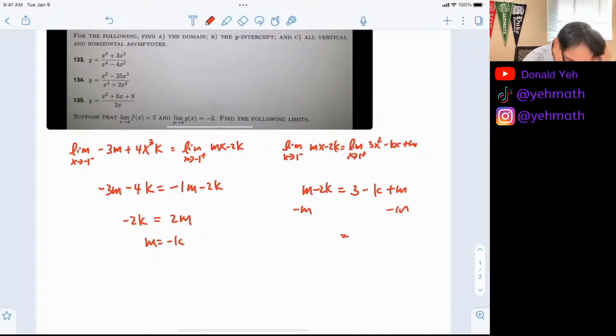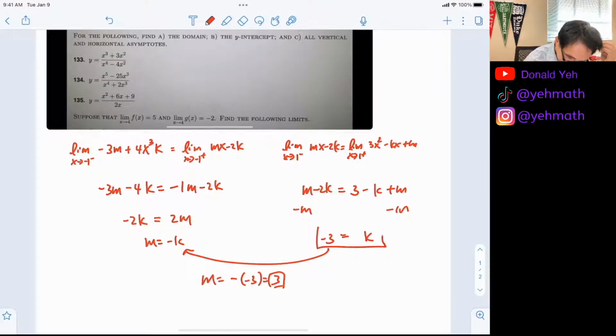I'm adding 2k on both sides, so it'll be k, and if I move the 3 to the other side, it's minus 3. So k is equal to minus 3. If you plug in negative 3 here, m is equal to a negative times negative 3, which is equal to 3. Does this make sense? Usually it's elimination, but this case is just simple substitution. Just solve the equations.